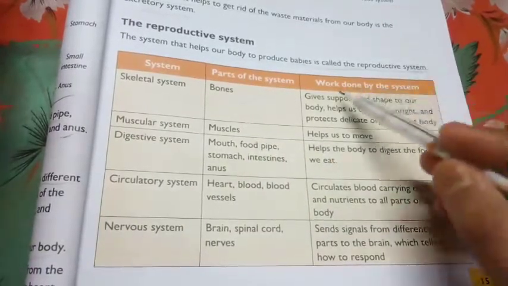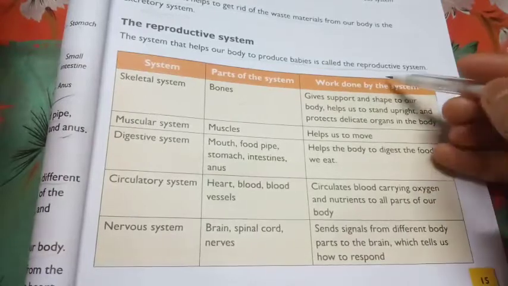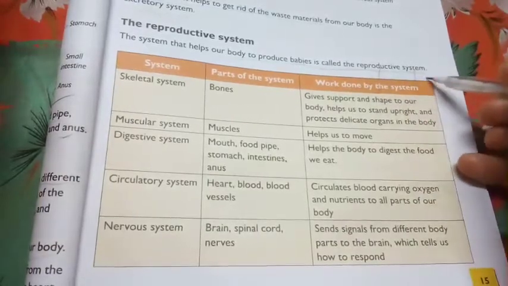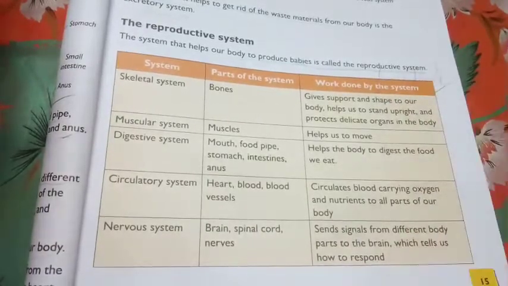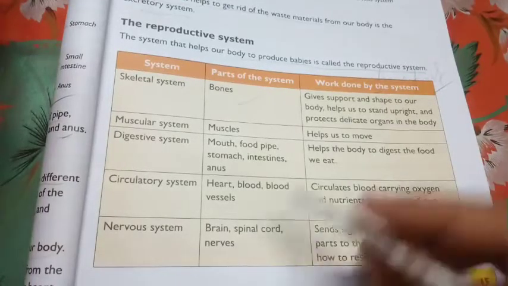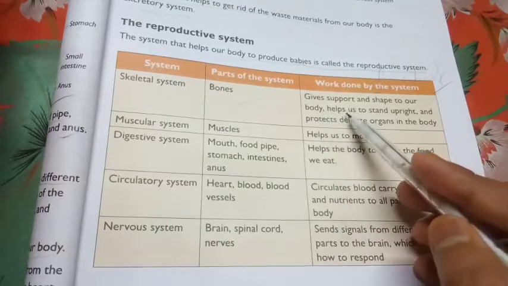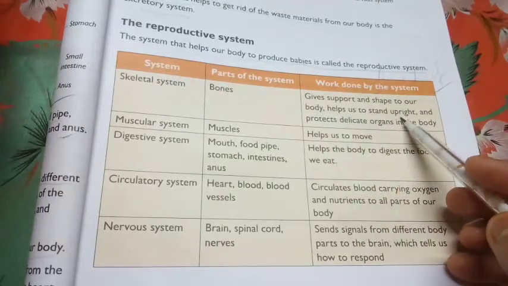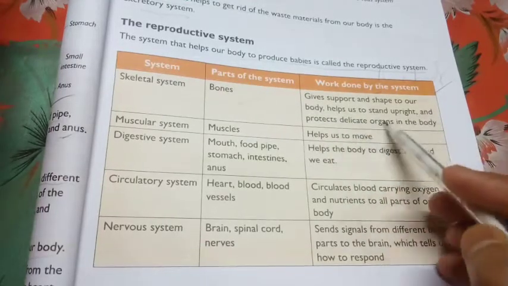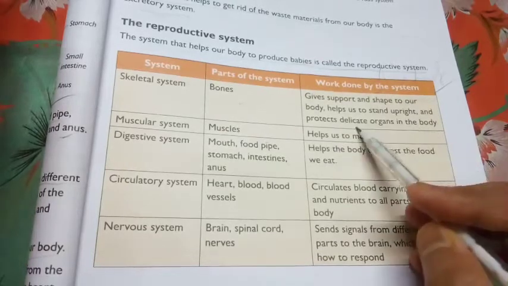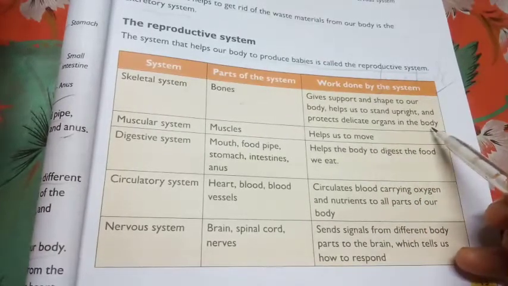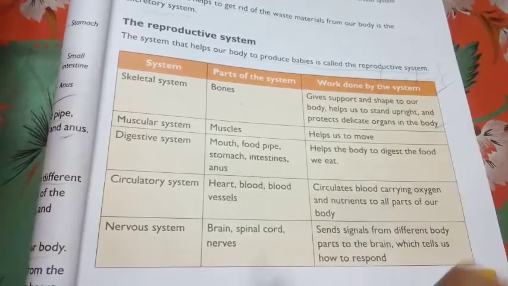And the functions, the work done by the system, simply you can write down functions. What is the function? It gives support and shape to our body. Next, it helps us to stand upright and protect the delicate or soft organs in the body.